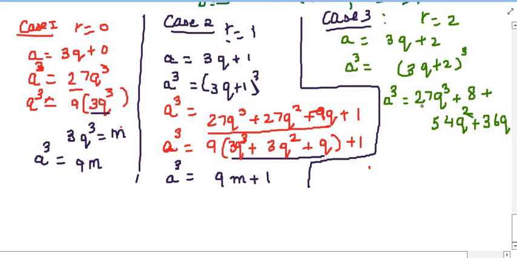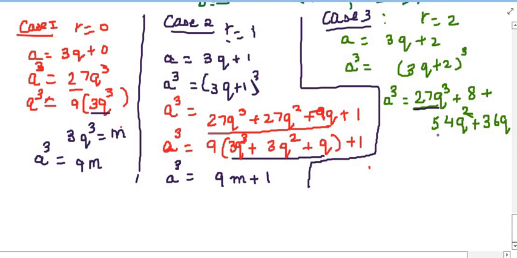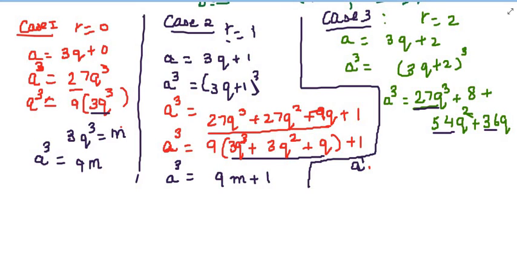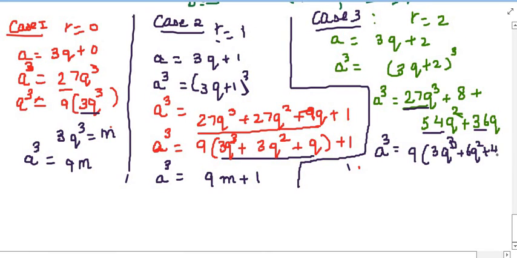Okay, from these three terms we can take out 9 as a common factor. So we can say that a cube is equal to 9 times (3q cube plus 6q square plus 4q) plus 8.